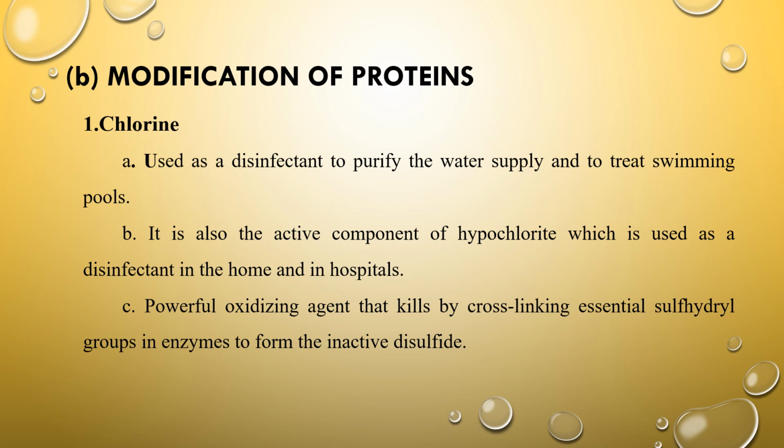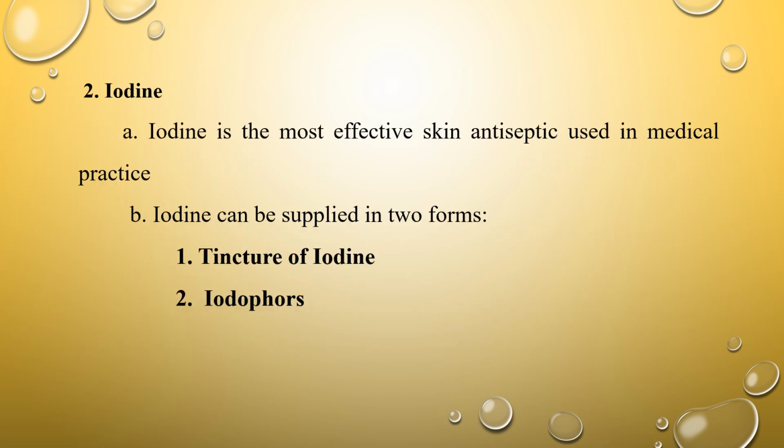Chlorine is also the active component of hypochlorite, which is used as a disinfectant in the home and in hospitals. Chlorine is a powerful oxidizing agent that kills by cross-linking essential sulfhydryl groups in enzymes to form the inactive disulfide.